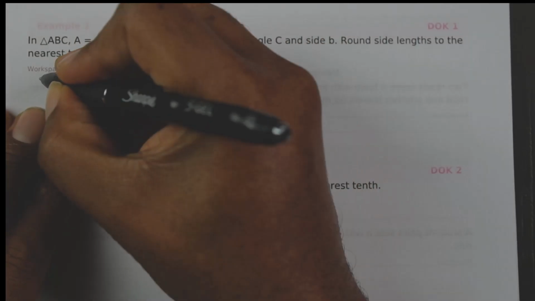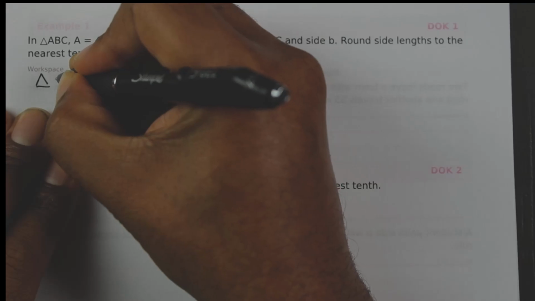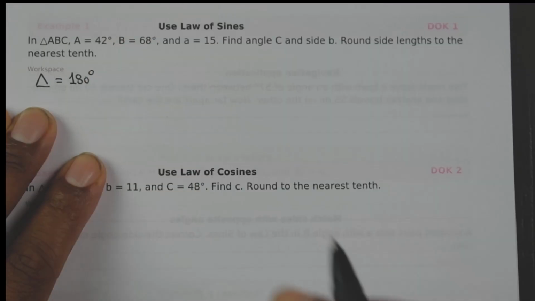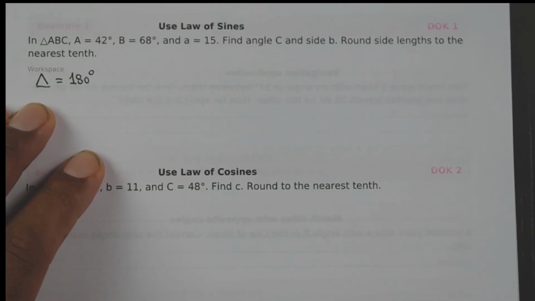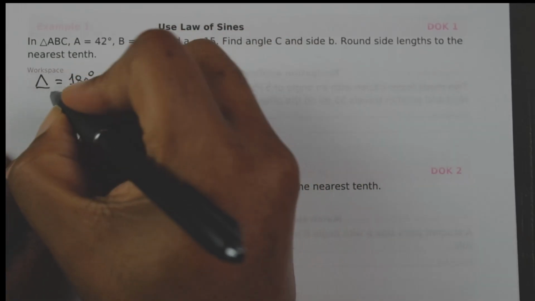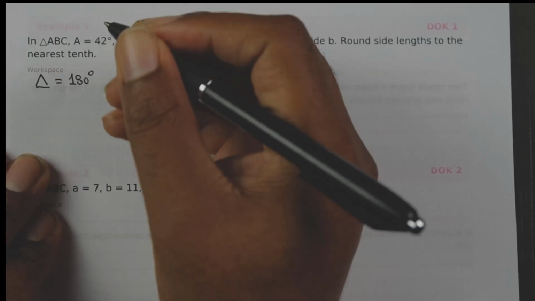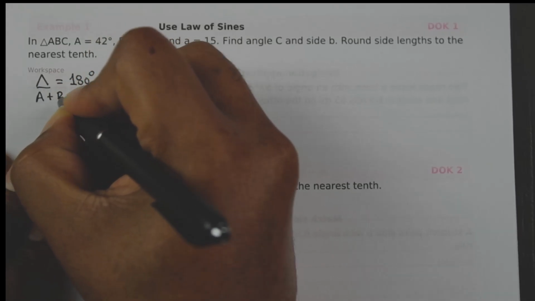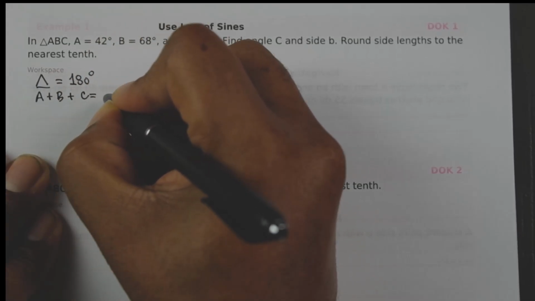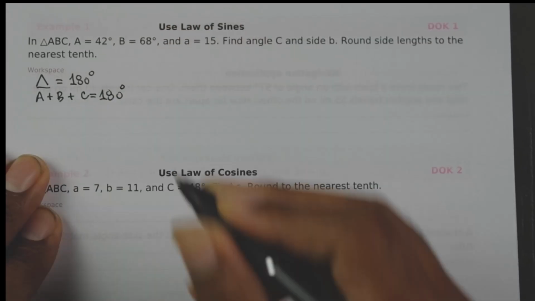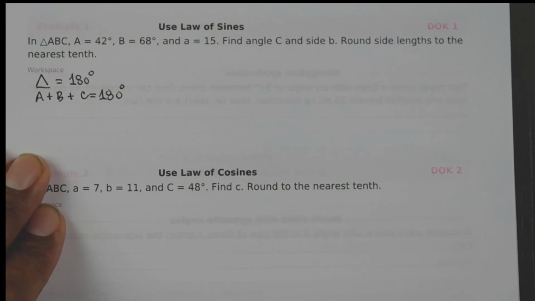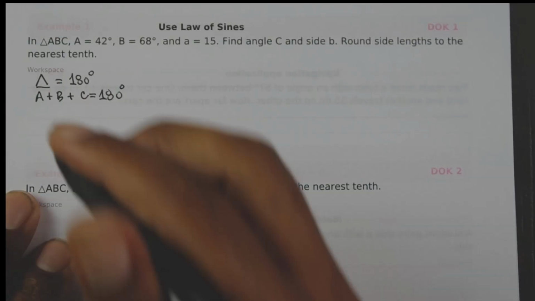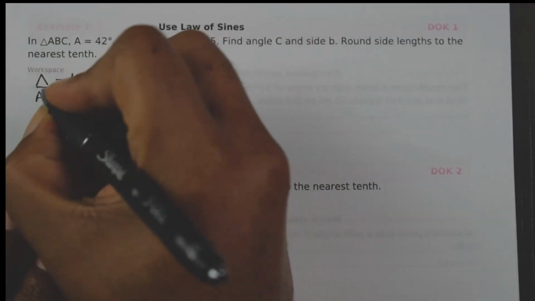So keep in mind, triangles in terms of degrees always add up to equal 180 degrees. That being said, we can take A plus B plus C and set it equal to 180 degrees, and then we can use that to solve for C. I'm going to rewrite this.